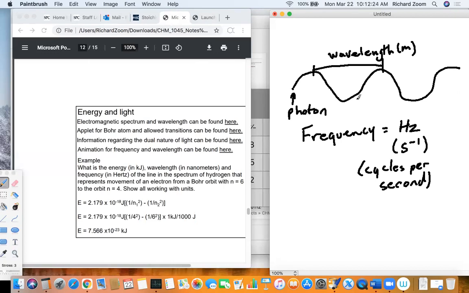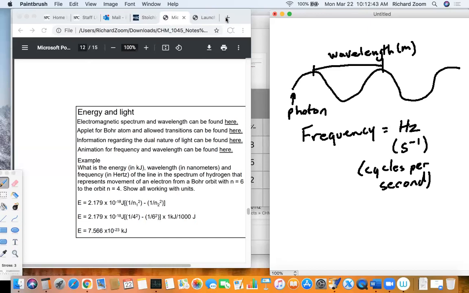Frequency is defined as how many of these peaks or tops of these waves go past a certain point in 1 second. So high frequency means lots of these are passing a certain point in 1 second.